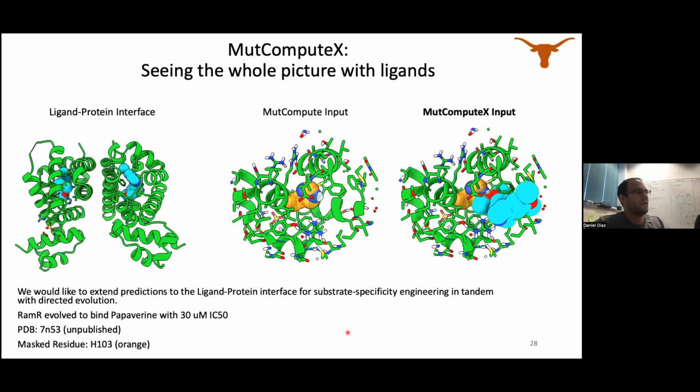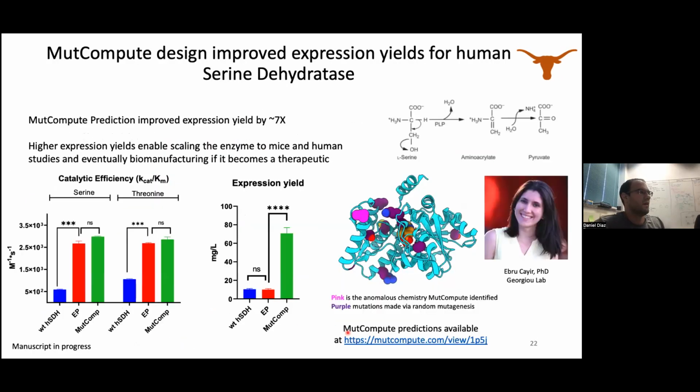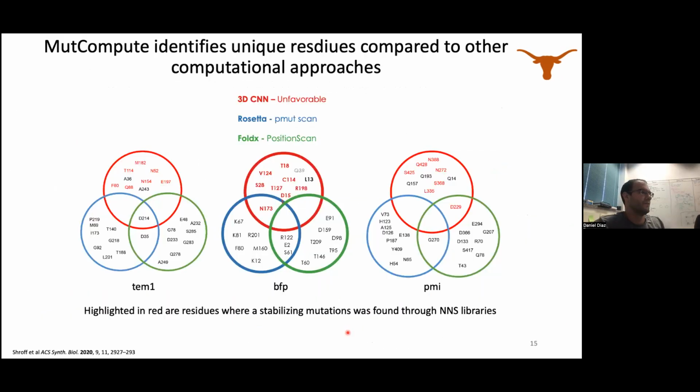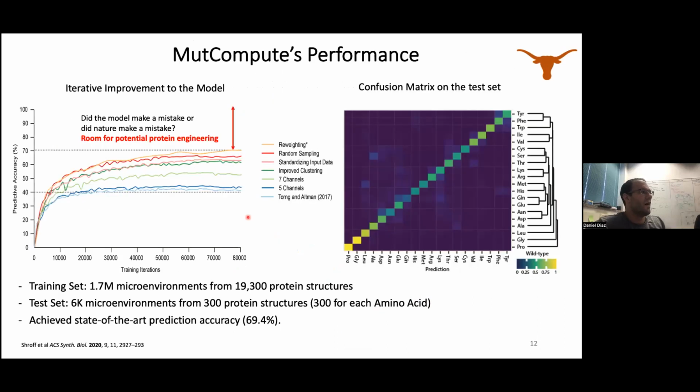And you can kind of see that here. I think that was the improvement that we did. We went from this blue line to this red line by changing how we sampled.